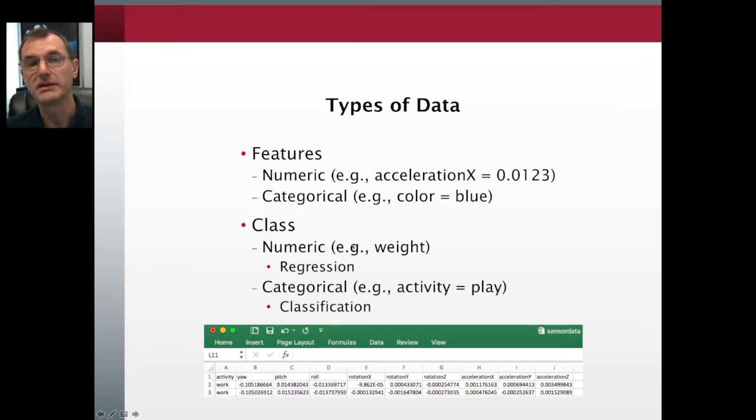If we were trying to predict a numeric class, for example, predict the user's weight, when you're predicting a numeric value, you usually call that a regression problem. Whereas if you are trying to predict a categorical value, for example, in our case, one of several activities, then that is typically called a classification problem. So those are the types of data that we'll see among the features and classes that make up our data.